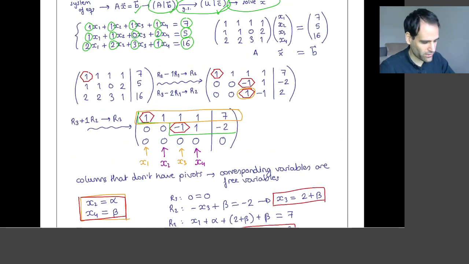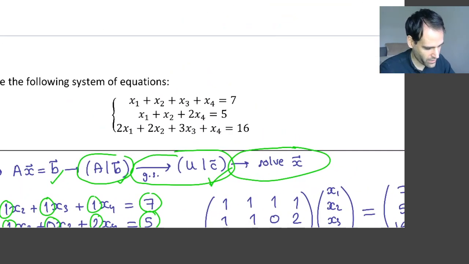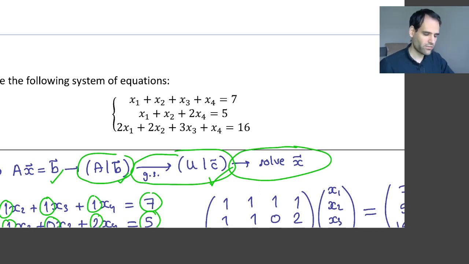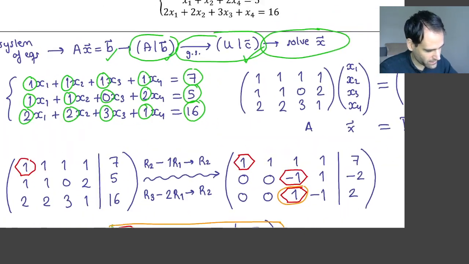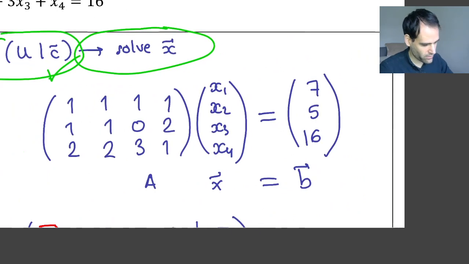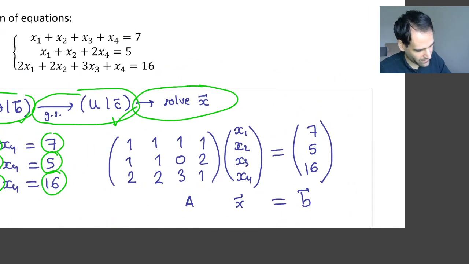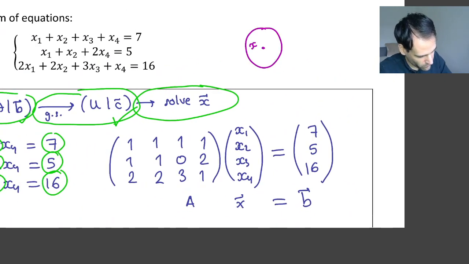Notice how nice this was. We had 3 equations and 4 unknowns, and we had to solve this. We wrote this as a linear system of equations in which we have an input vector x, which was unknown and which was a 4-dimensional vector.